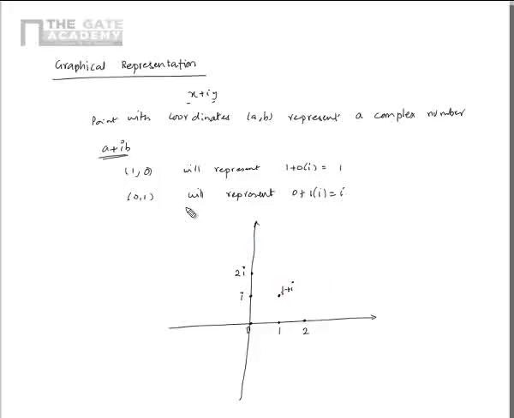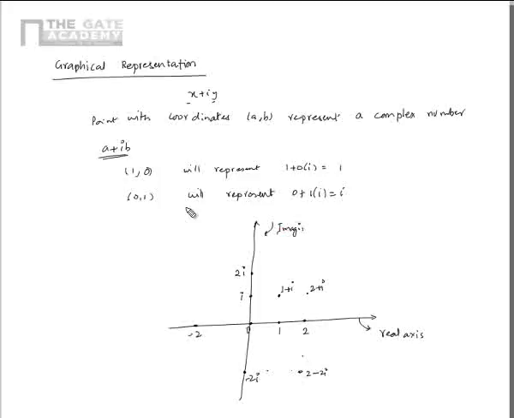This point will represent 1 plus i. This will represent 2 plus i. Similarly, the point minus 2 will be somewhere here, and here you will have minus 2i. So this point will be somewhere 2 minus 2i. So this is called the real axis, this is called the imaginary axis.